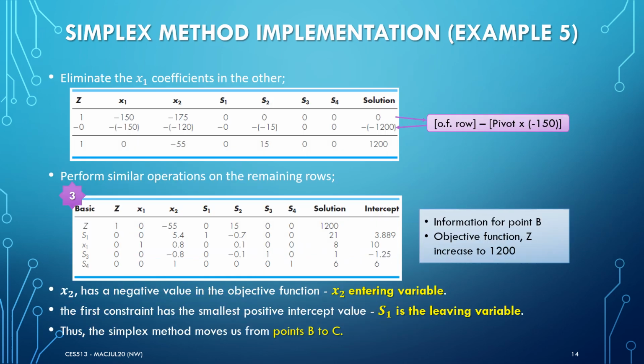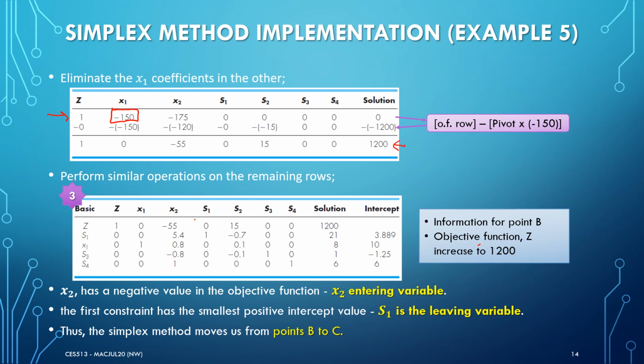Next, the x1 coefficients in the other rows can be eliminated. For example, for the objective function row, the pivot row is multiplied by negative 150 because the coefficient of x1 in the objective function row is negative 150, and the result is subtracted from the first row to give this answer.